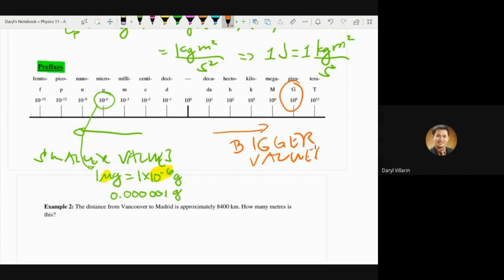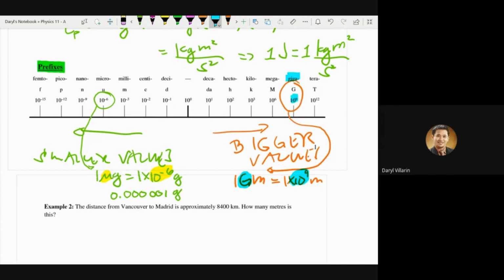If I'm talking about bigger distances, I can use mega or giga. So 1 gigameter is just equivalent to 1 times 10 to the power of 9 meter. I'm just using a prefix to represent a very large value. Giga is 10 to the power of 9.